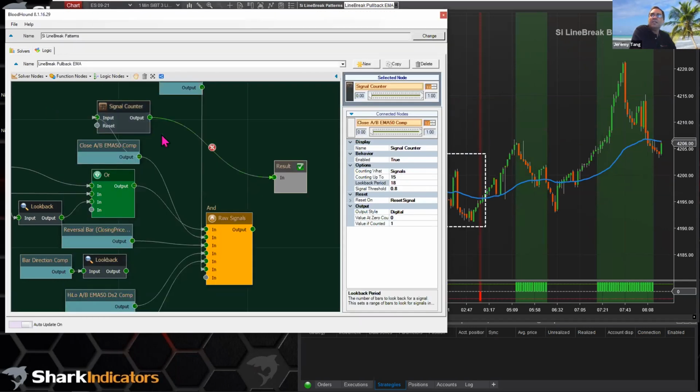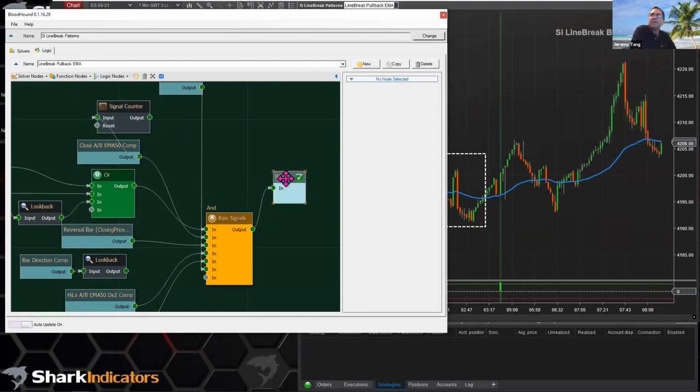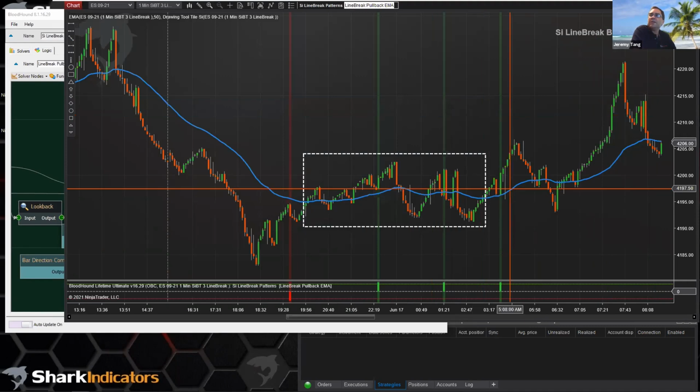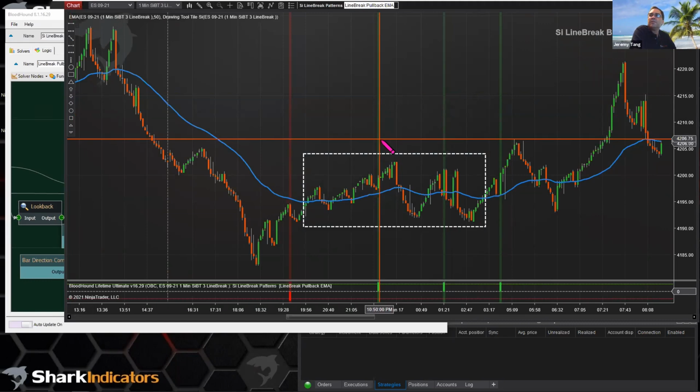So now let's connect that. Actually, let me connect up the result node and let's see what we have here. Yes, we still have some signals. And actually, I should mark these.